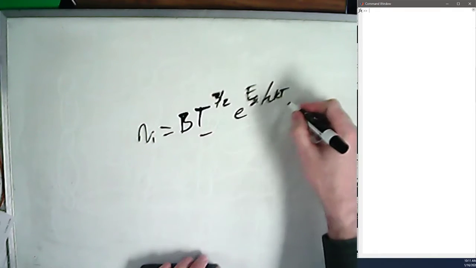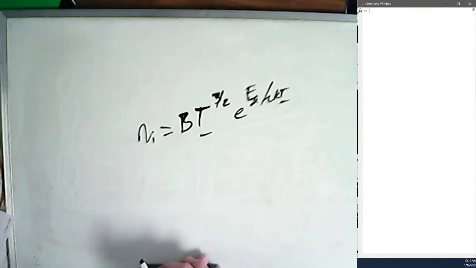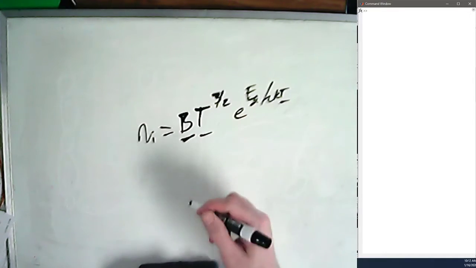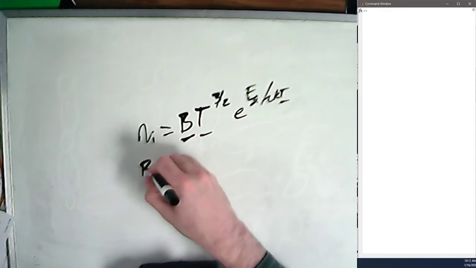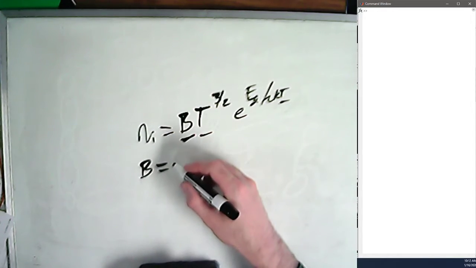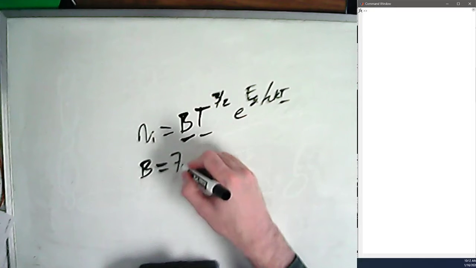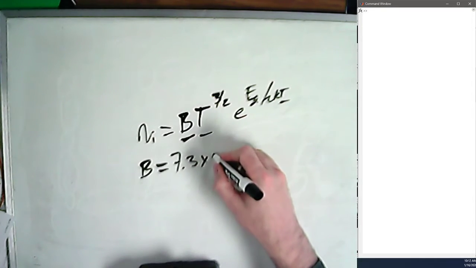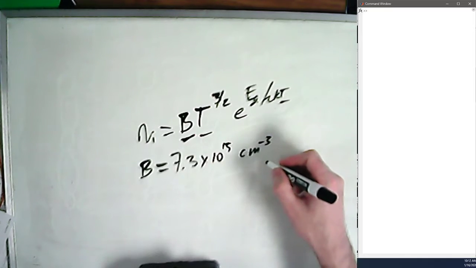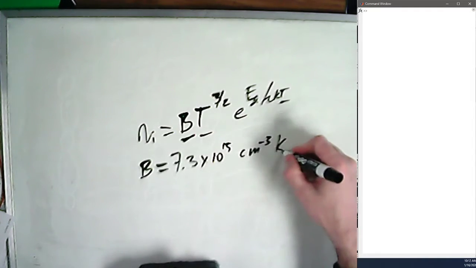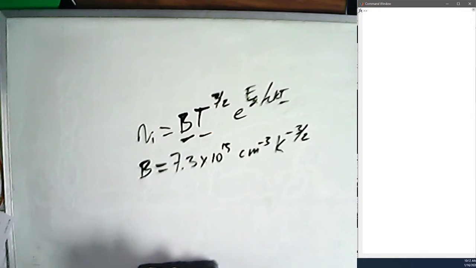E sub G over 2kT. And so we have two temperatures that work in here. k is going to be our Boltzmann's constant once again. And let me see. B is just a material-dependent parameter. Okay? So it's a fudge factor. That's what they did. They made a fudge factor. So for silicon, B is 7.3 times 10 to the 15th per centimeter cubed, and then Kelvin to the minus 3 over 2.